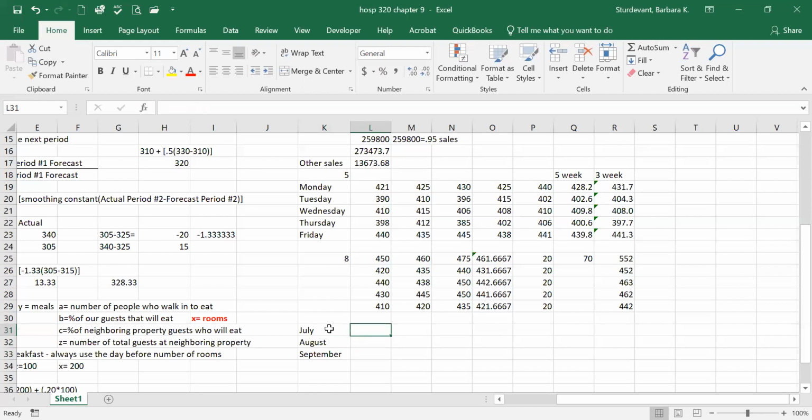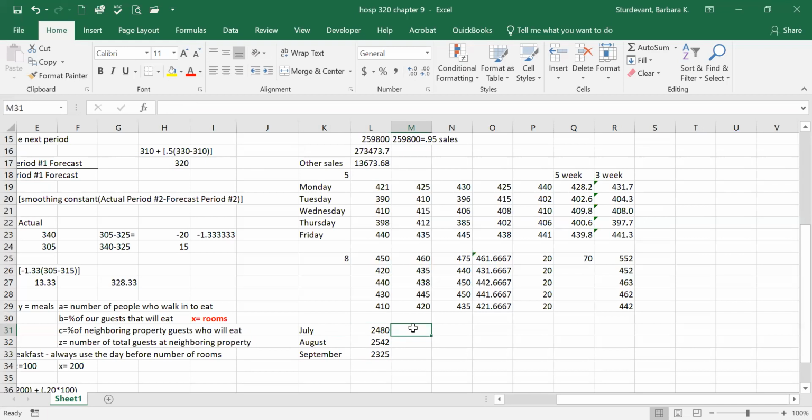And we had 2480. All right. So those were our rooms. So we got 100 rooms.